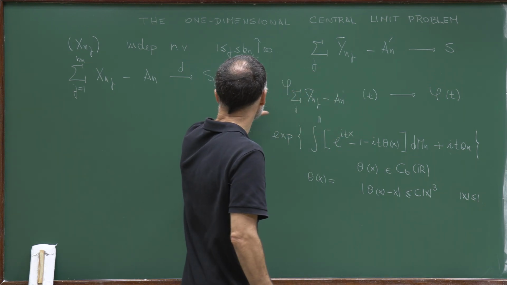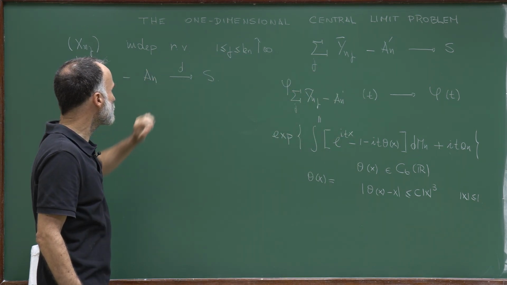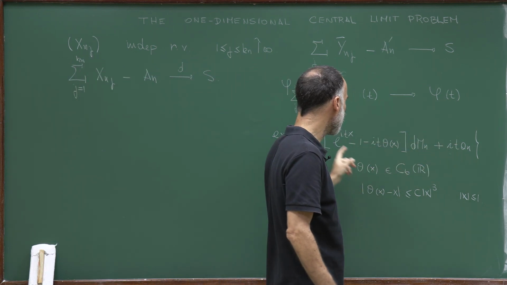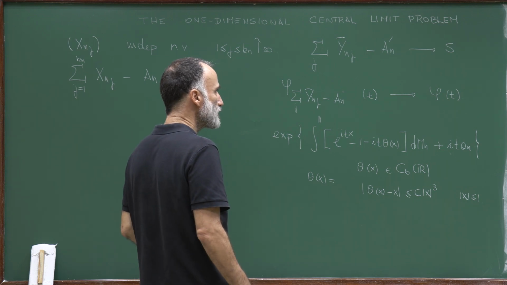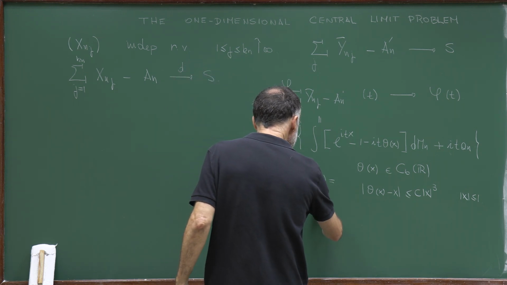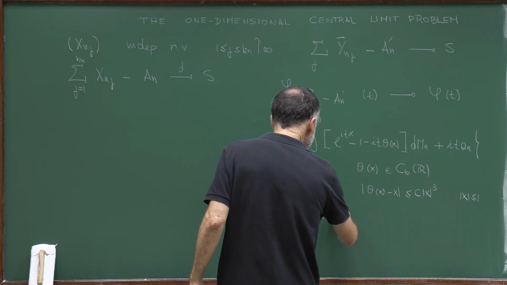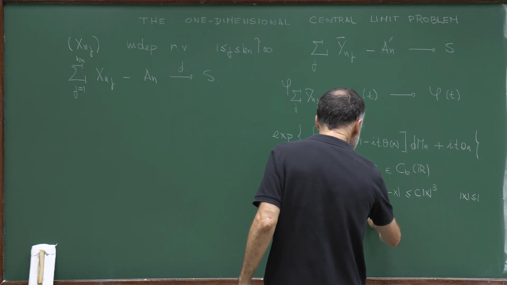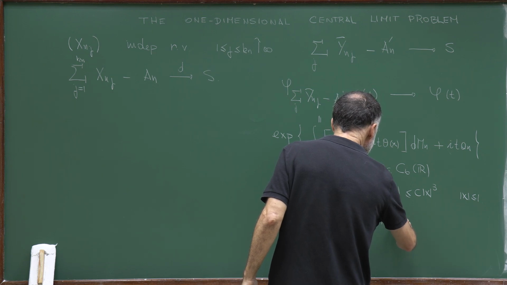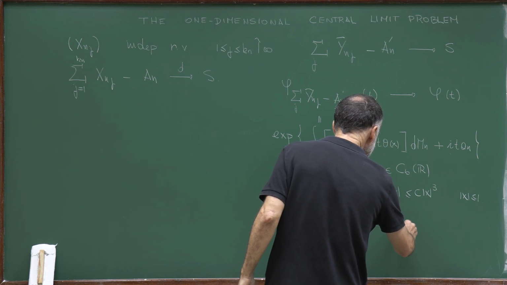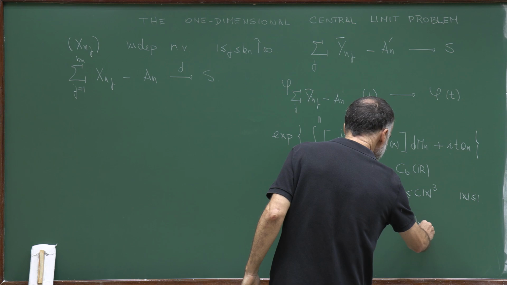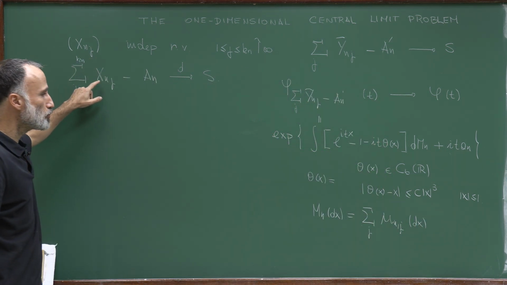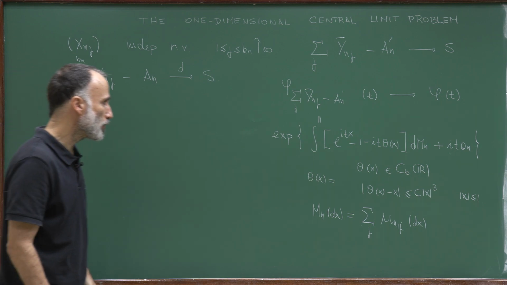So if we want to prove that this sequence converges, we have to show that these characteristic functions converge, and remember that M_n(dx) is just the sum of mu_nj(dx), where mu_nj is the distribution measure of the random variable X_nj.